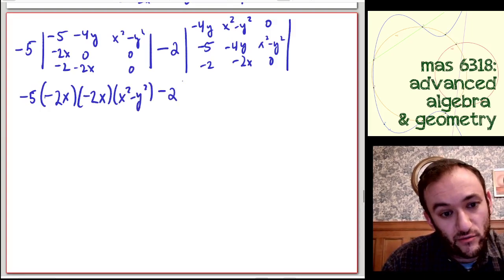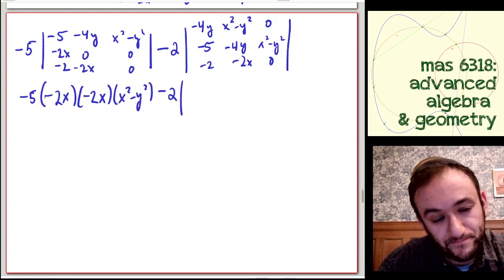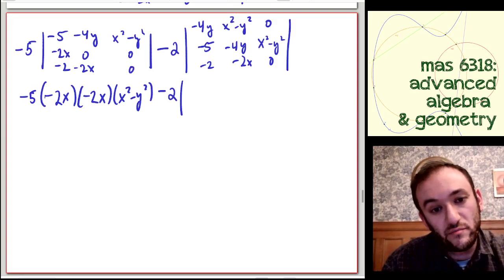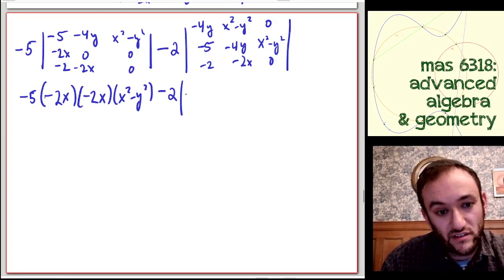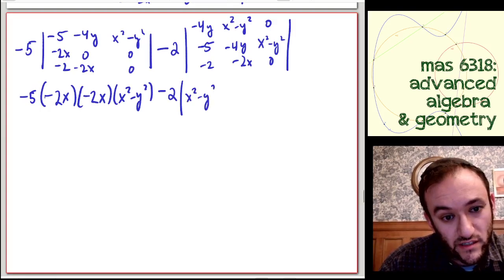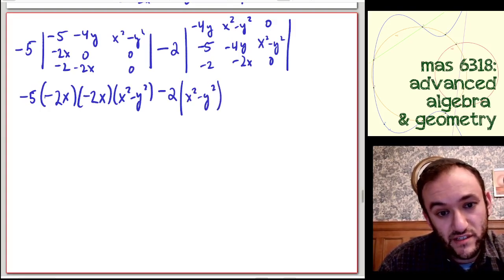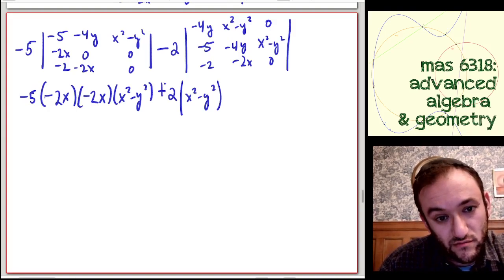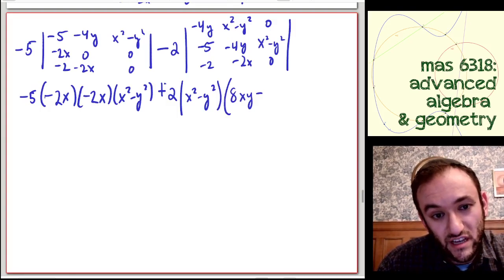And then here we get minus 2 times, well, we can expand on the third column. So we just have the last thing. So it's x squared minus y squared times the, and we'll probably pick up a minus sign there. So let's keep that in mind. This becomes 8xy minus negative 2 times x squared minus y squared. So that's plus 2 times x squared minus y squared.